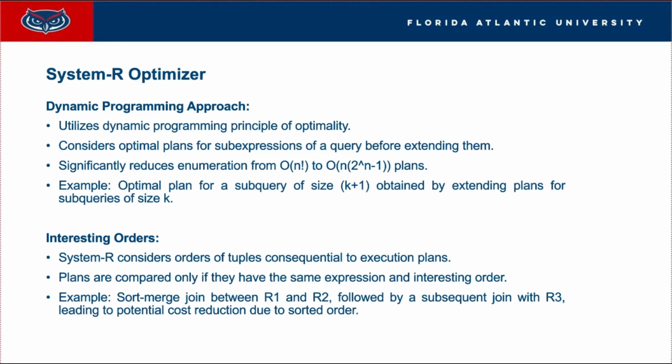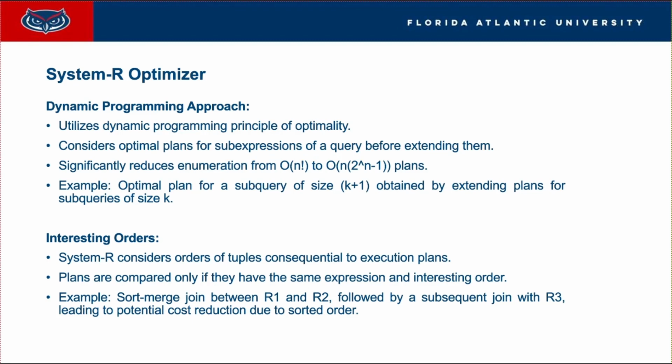For example, the optimal plan for a subquery of size k plus 1 is obtained by extending plans for subqueries of size k. Moreover, interesting orders are crucial for eliminating less effective plans. These orders highlight tuple arrangements that can affect following join operations, resulting in more efficient query plans.